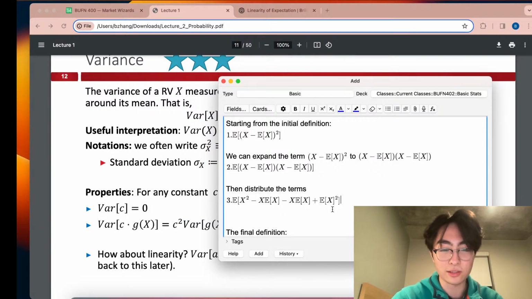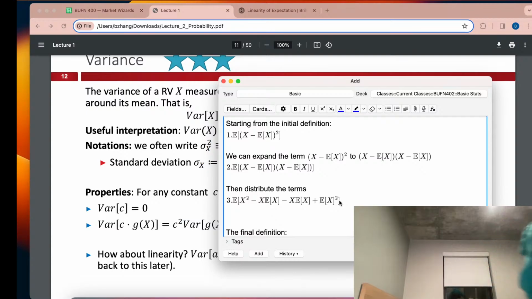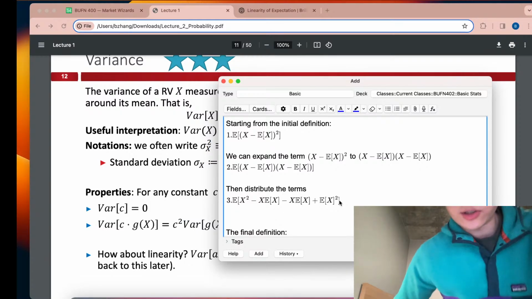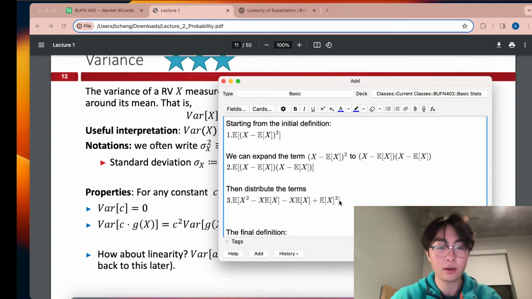Okay, we can distribute the terms. Probably two or smart. Close this for now. Okay, so if we distribute the terms.